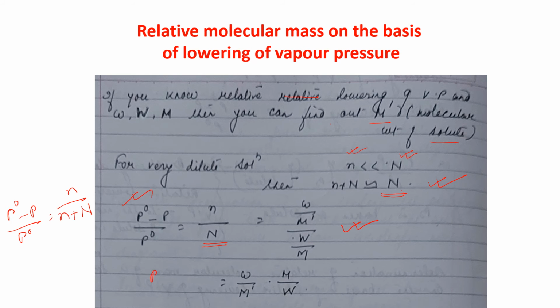So the expression for relative lowering of vapor pressure we are getting is (P0 minus P) by P0 equals small w by M dash into capital M by capital W. This is the expression for relative lowering of vapor pressure.